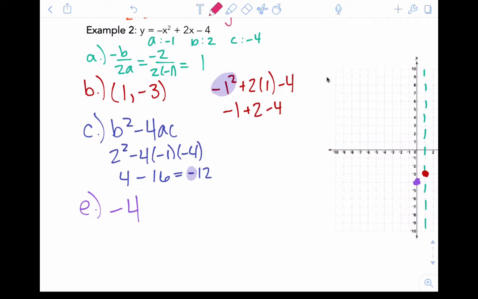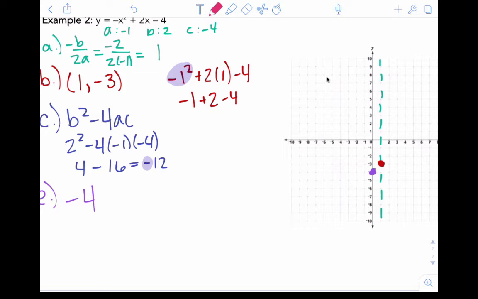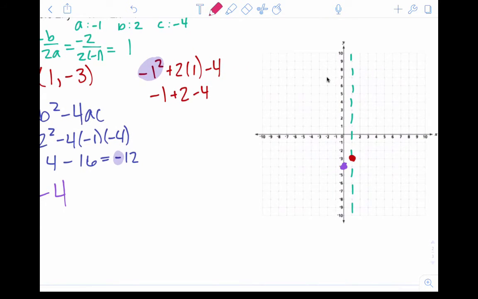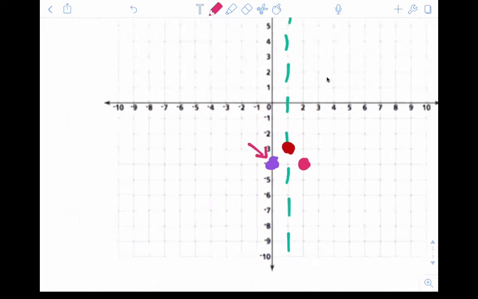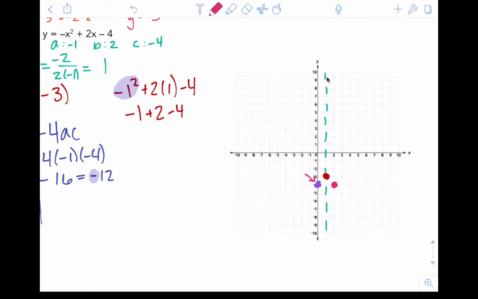Next, I'm going to pick 2 more points on the parabola. Well, I don't have a whole lot of information right now. I know that I can mirror this point right here on the other side of this line of symmetry. So I know that this is going to be a point, 2, -4.